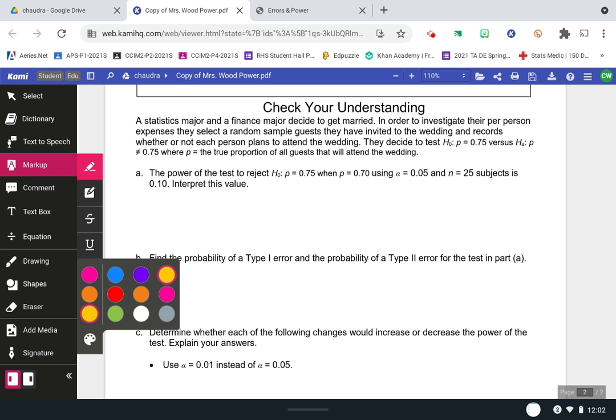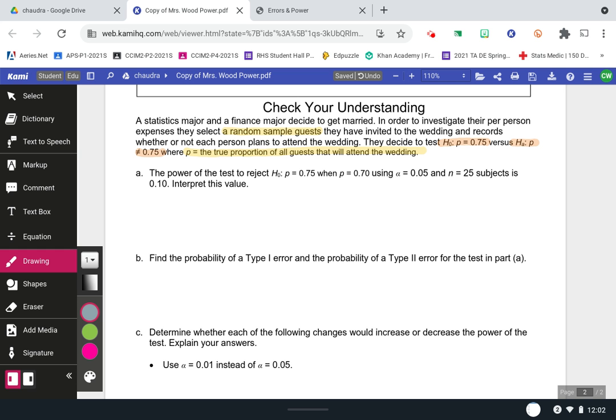So important information through here is just going to be that we have a random sample, and that we have our null hypothesis and our alternative hypothesis, and then the information, the true proportion of all guests. So notice that I outlined or highlighted the null and alternative in orange.